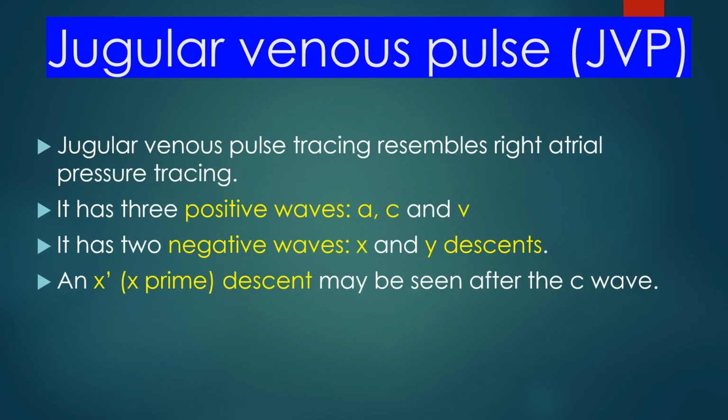The jugular venous pulse tracing resembles the right atrial pressure tracing. It has 3 positive waves A, C and V and 2 negative waves, X and Y descents. An X prime descent may be seen after the C wave, but that is mostly in the recordings and not in the clinical examination.